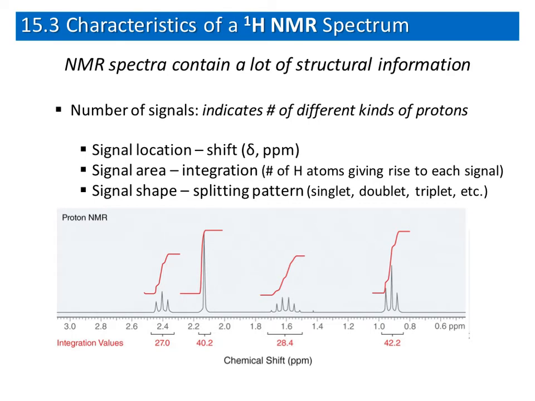If you look at the shape of this specific signal, it's a triplet. It has 1, 2, 3 peaks in that signal, so we call that a triplet, and it talks about splitting patterns in the hydrogen NMR. Now we are going to look at all of these characteristics in the following slides and how these characteristics can help us to identify the structure of the molecule.